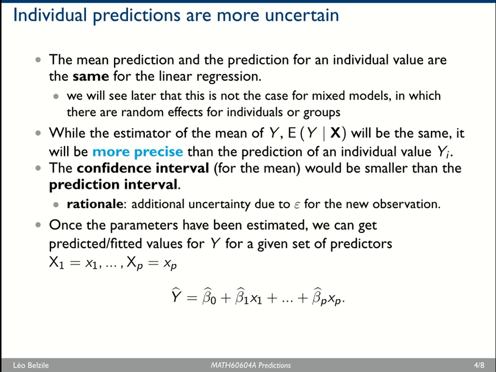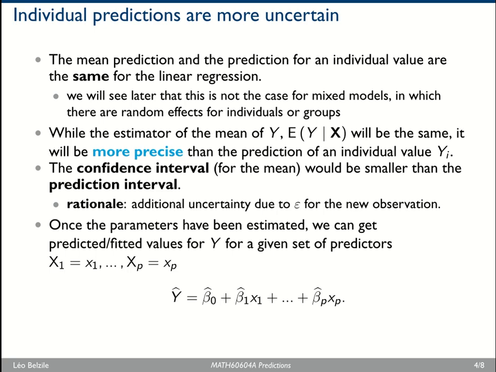So the difference between the two scenarios, predicting individual outcomes and predicting average outcomes, is not in the mean but rather in the variability. And why is that the case? Well, if you're trying to predict an average, you're pooling the observations from all of the n people in the sample.